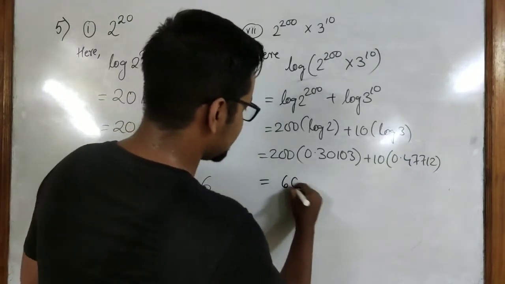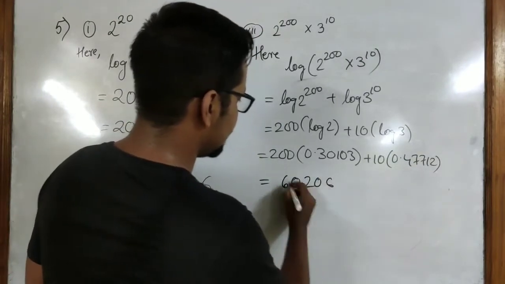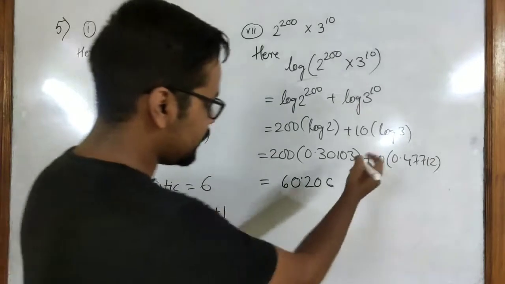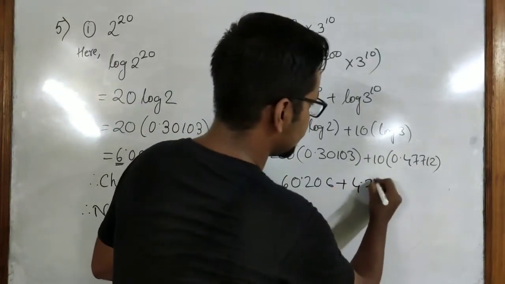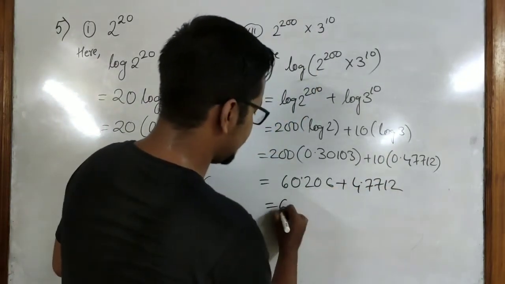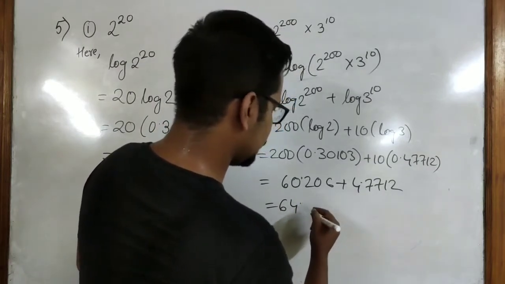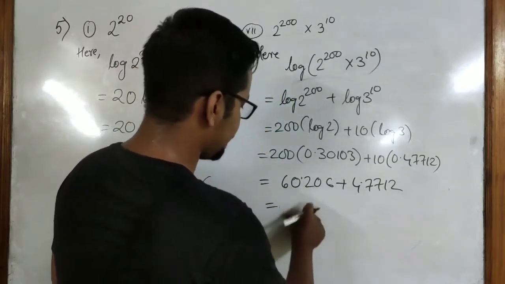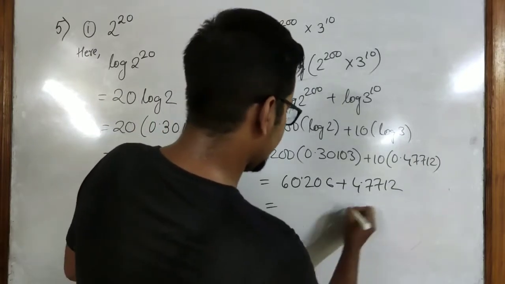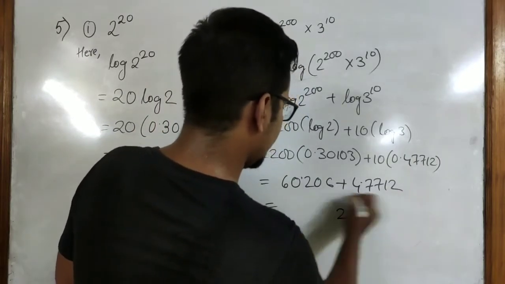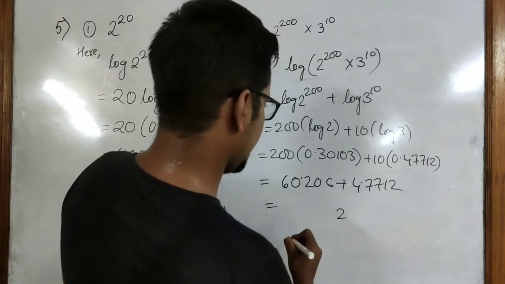It is going to be 60.206 and from here we get 4.7712. So if I add, it is going to be 64 point, and then we have to add these things. Okay, it is not going to be 64, sorry, we have to add. Am I right? Yeah, I am right.